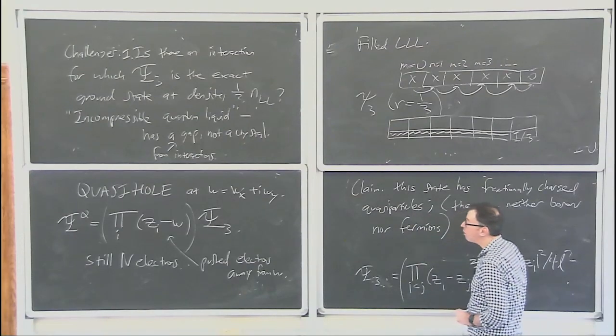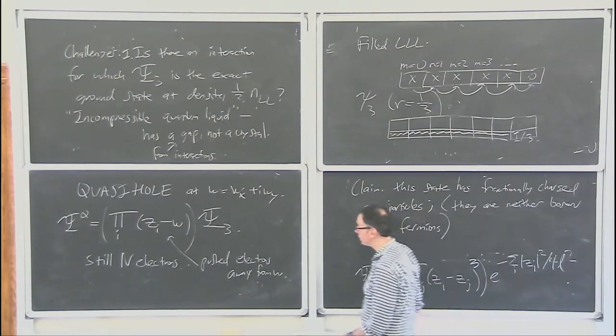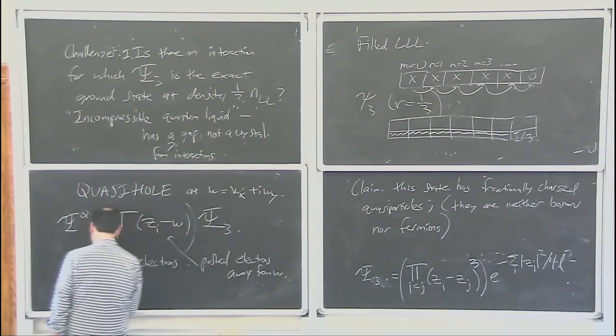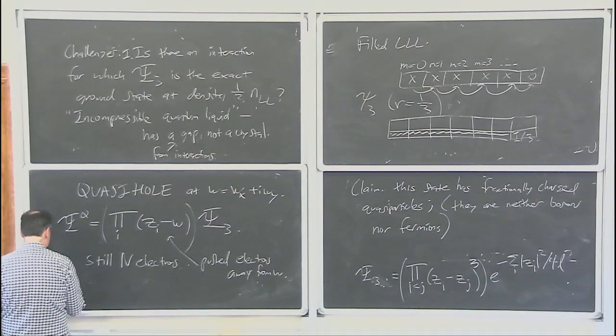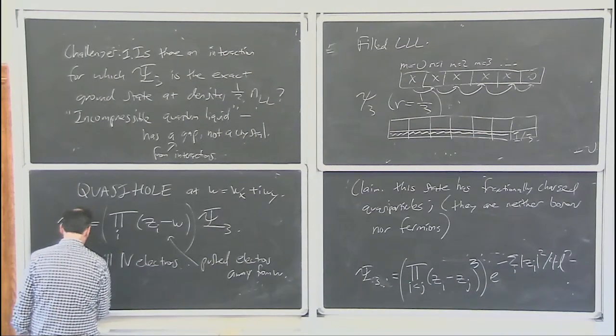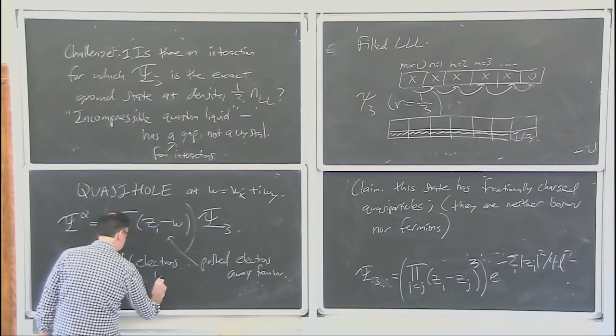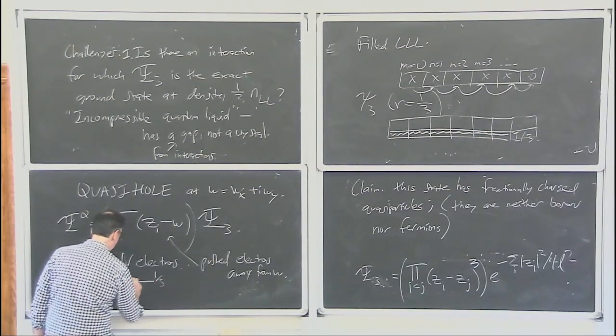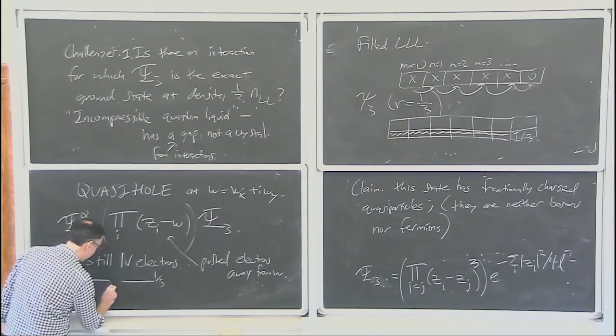And if I ask how much the electron density was reduced, the density was 1/3 most of the time, but it's depleted in the vicinity of W.